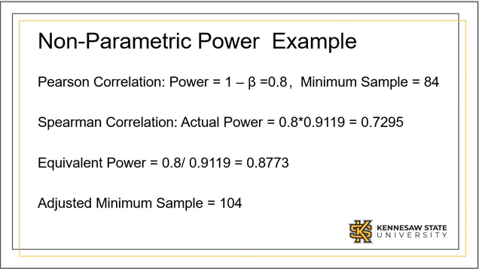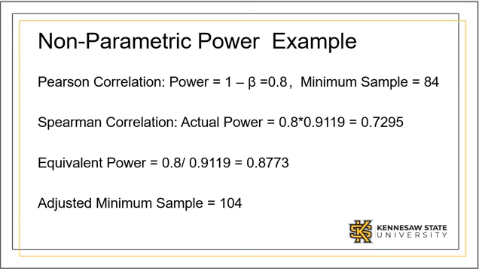As an example, if a Pearson correlation with a power of 0.8 requires 84 samples, this sample size would deliver a power of 0.9119 times 0.8 or 0.7295 for a Spearman correlation.